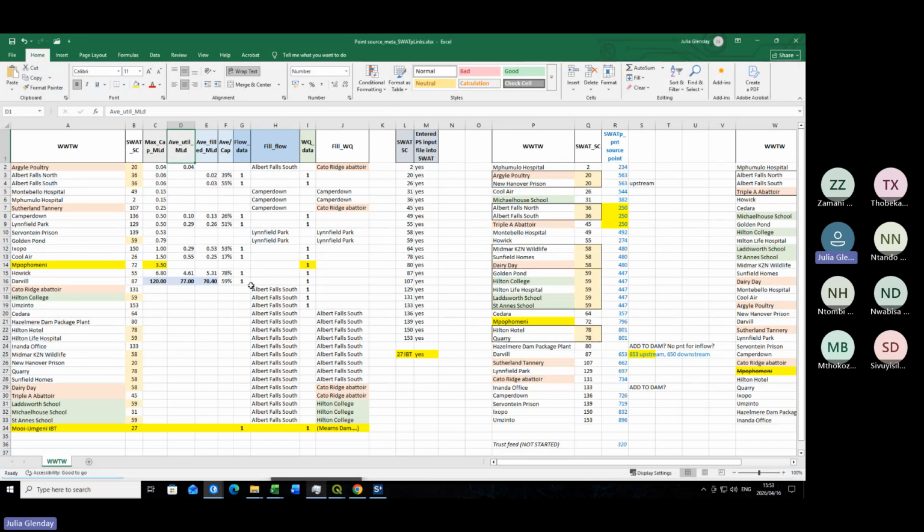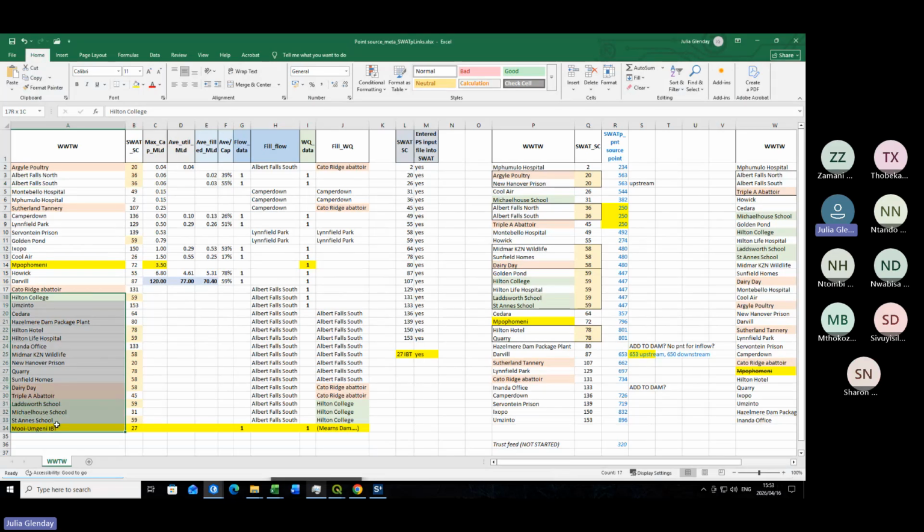And so based on that, I used some of the others as estimates. For a lot of the smaller ones that had smaller capacities, or where I didn't know the capacities, I just used the Albert Falls South as a small one. That may not be the right one to use, but if we wanted to include these wastewater treatment works, we need an estimate of outflow and the quality of the outflow.